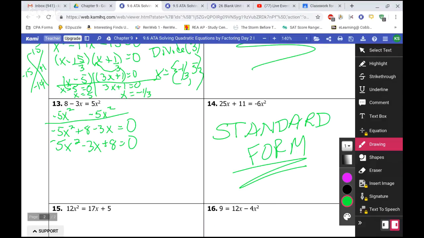So now we're going to slide and divide. So I'm sliding and I'm multiplying by a negative 5.